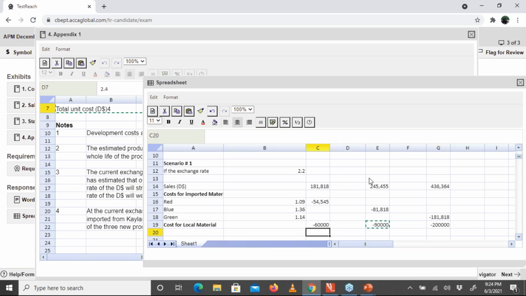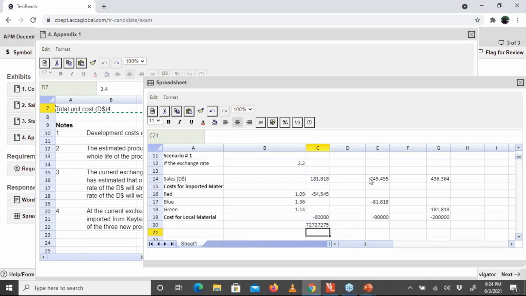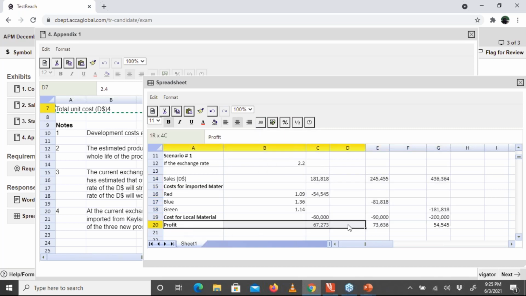Hence, resultingly, the profit is going to be like this. If I calculate all of them, this is how things are going to be. I repeat, the profit is going to be like this.